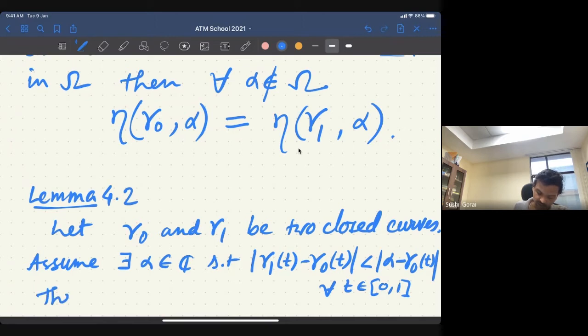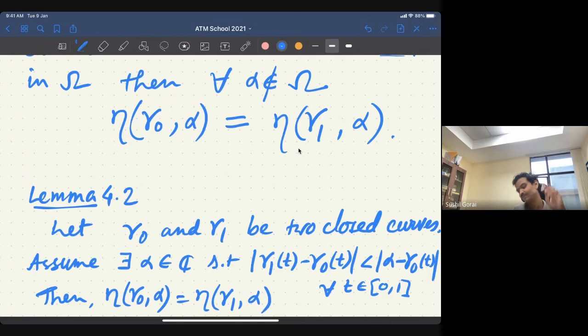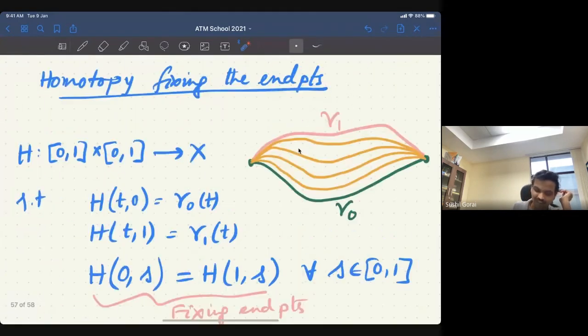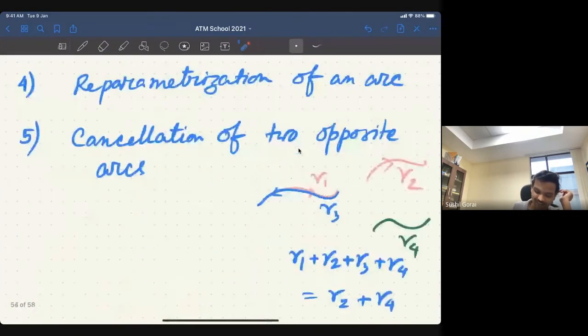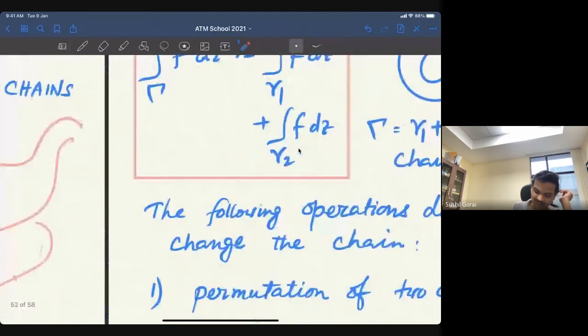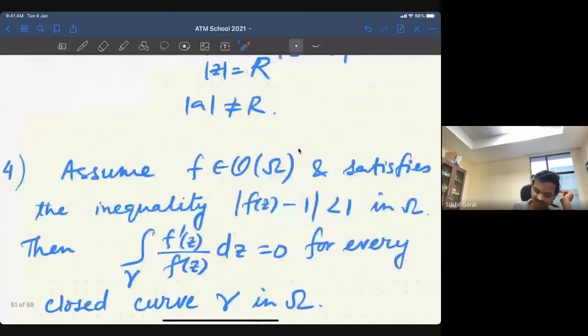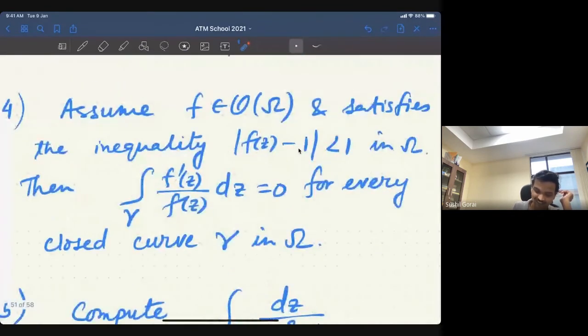Then the winding number is the same. So the winding number of gamma naught with respect to alpha is the same as the winding number of gamma 1 with respect to alpha. This might look a little bit different, but what we will actually be showing is this inequality.